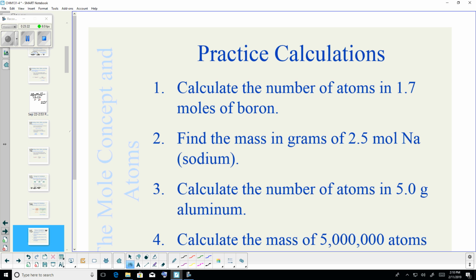One street. So it'll be 1.7 times Avogadro's number, 6.022 times 10 to the 23rd. That's about 1.1 times 10 to the 24th.